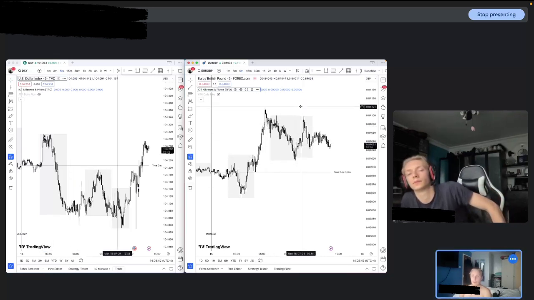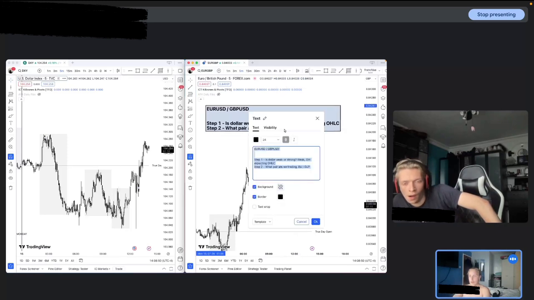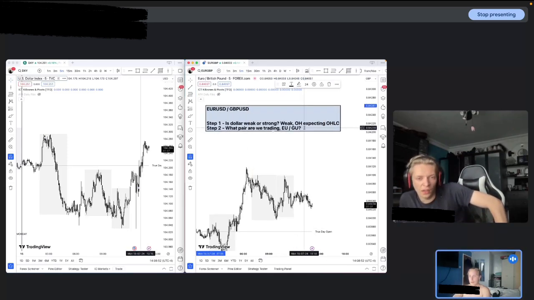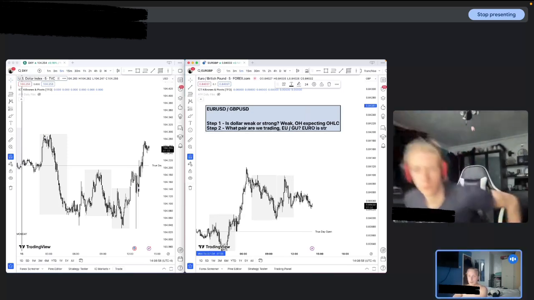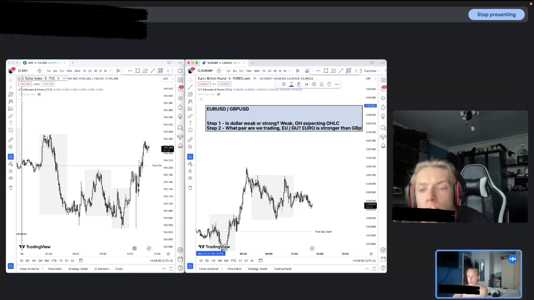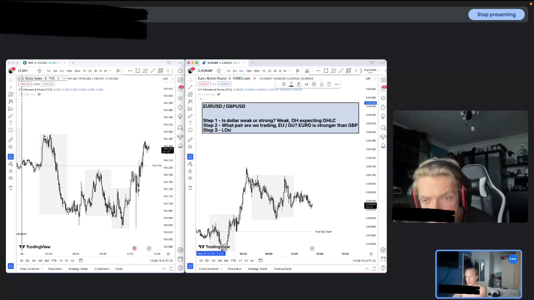So if we're going to buy, right, we know step one, dollar is going to be weak. Euro is stronger than the pound. So surely, if we were to long: long equals strong / weak.